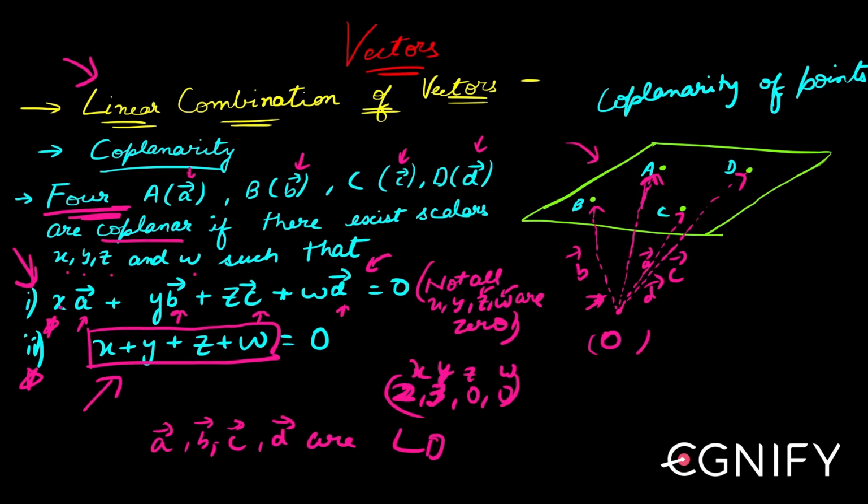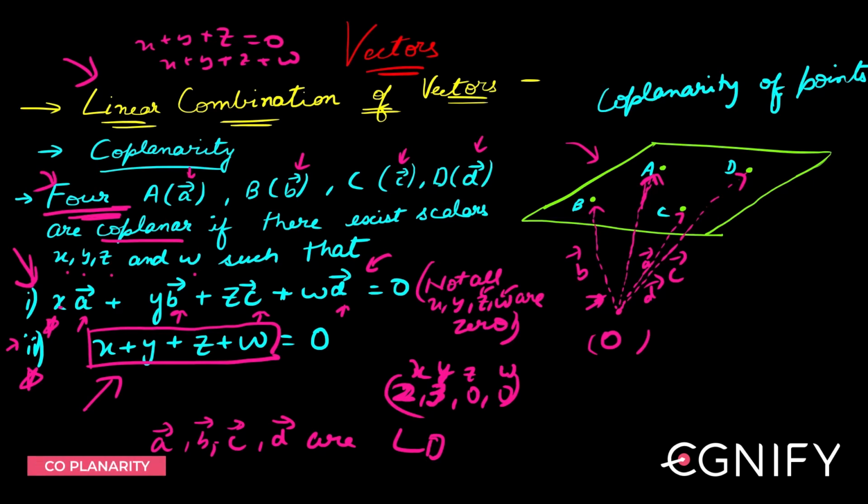This is very similar to the collinearity property that we saw. There you had x plus y plus z equal to 0 as your second point. Here you have x plus y plus z plus w equal to 0, right? Because you have 4 vectors here that you're dealing with, 4 points and their position vectors. There you had 3 vectors. So this is all that you needed to know as far as coplanarity of 4 points is concerned.